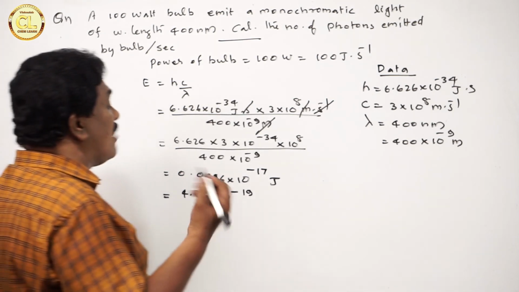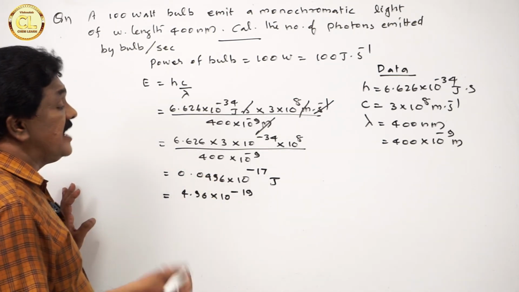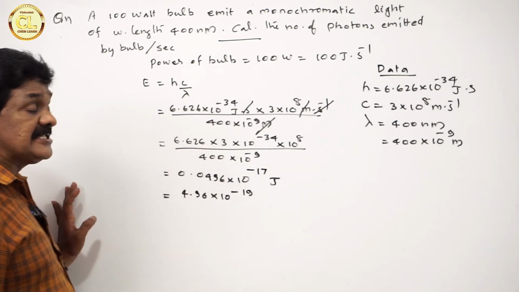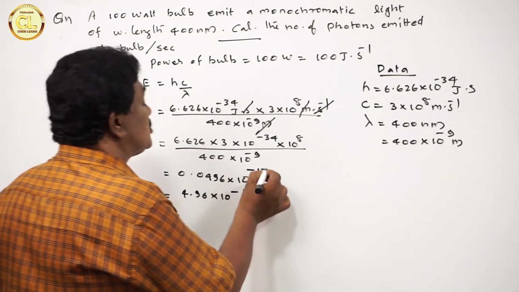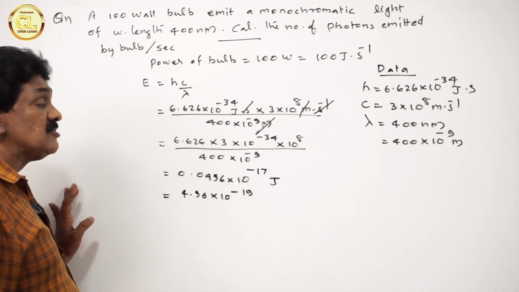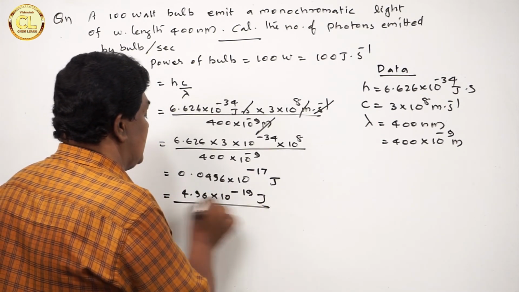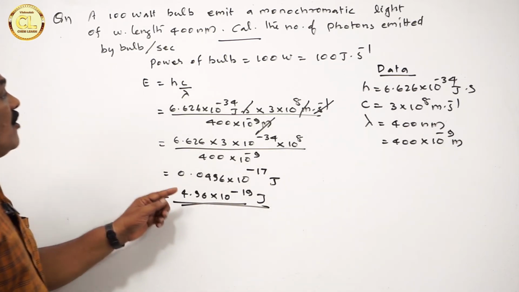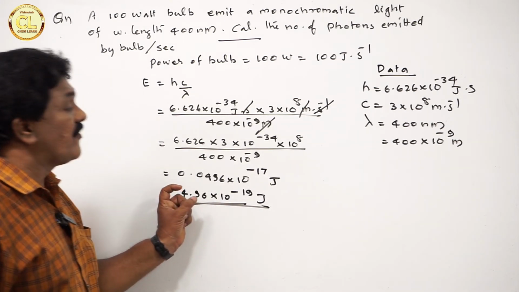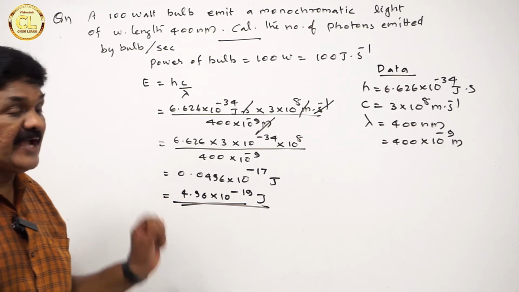Without changing the value, we have to divide with 10 square. That 10 square comes in the numerator as 10 raised to minus 2. So 10 raised to minus 17 into 10 raised to minus 2 is equal to 10 raised to minus 19 joules. That's the value of energy of a photon, a quantum of energy.